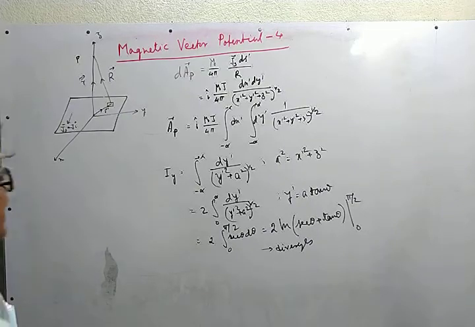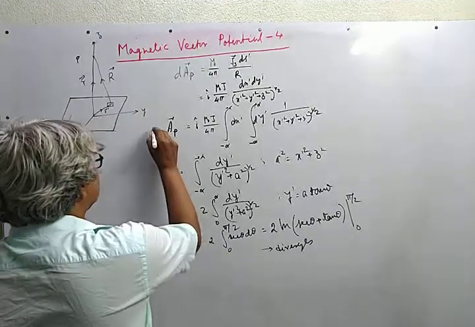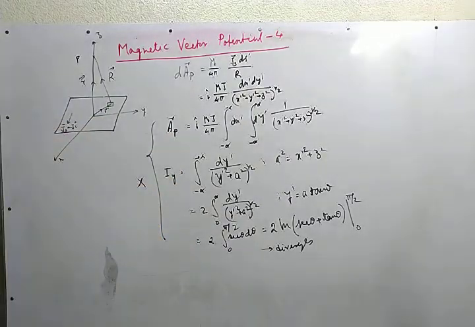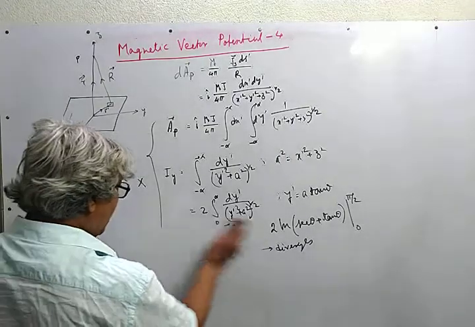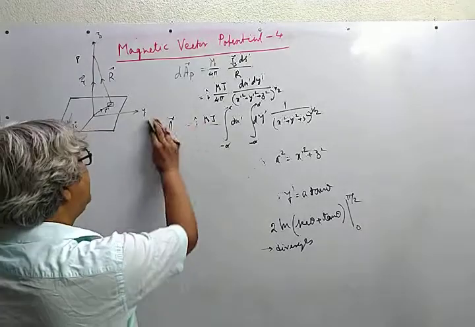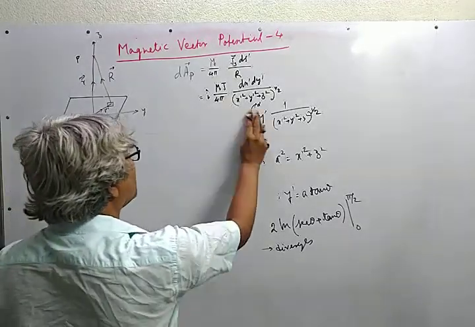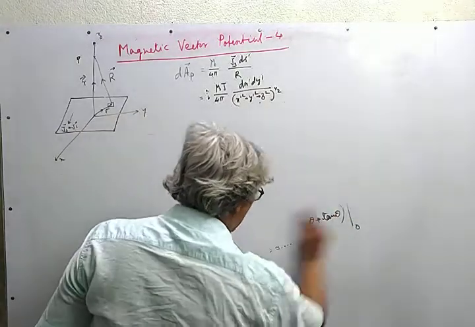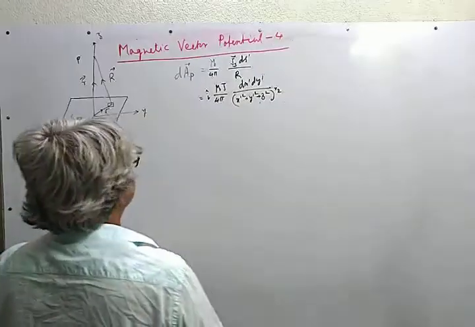So here comes the tricky calculation. This calculation is found to be not fruitful. So what do we do? We calculate the magnetic induction, or magnetic field, as we usually call it, from this expression.